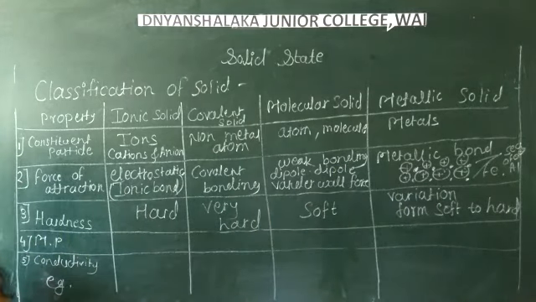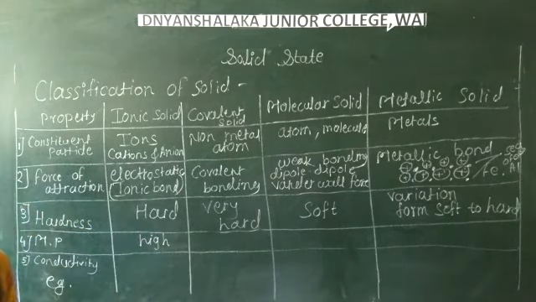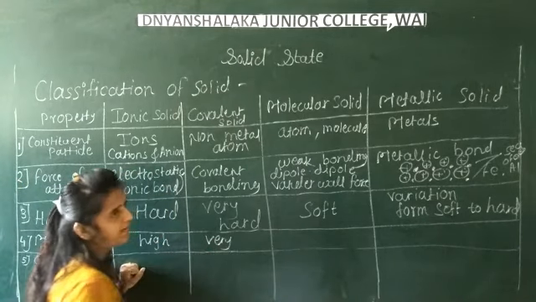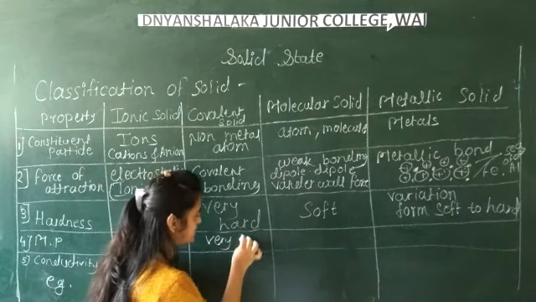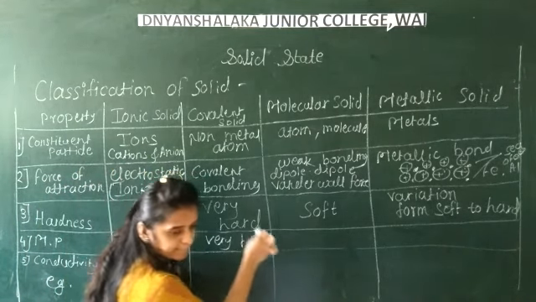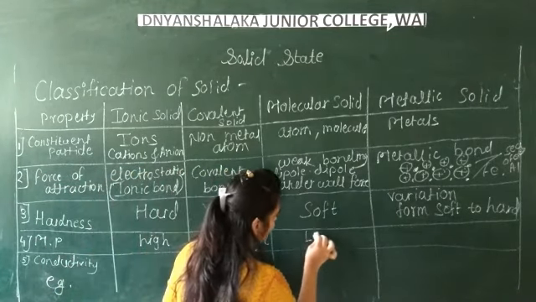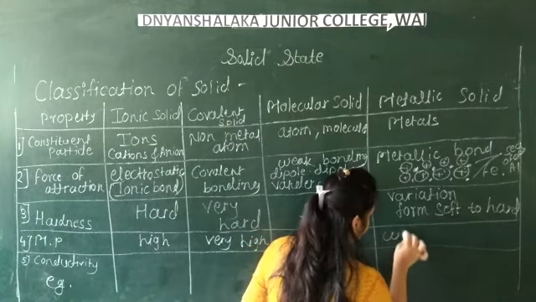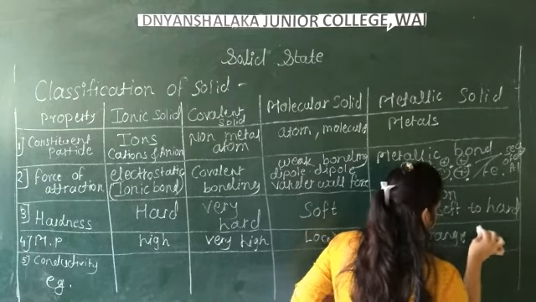Next property, melting point. The melting point of ionic solids is high. Covalent solids are very high. For example, the melting point of diamond is 3300 degrees Celsius. Molecular solids have low melting points, and metallic solids have a wide range, meaning high.